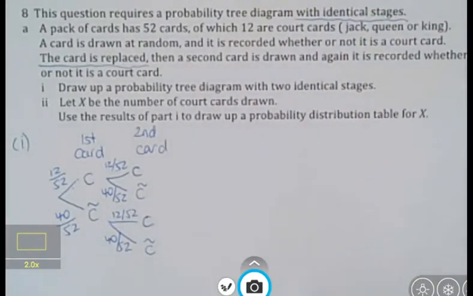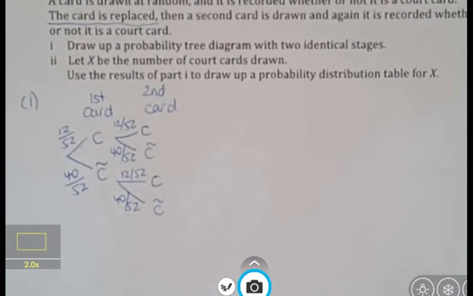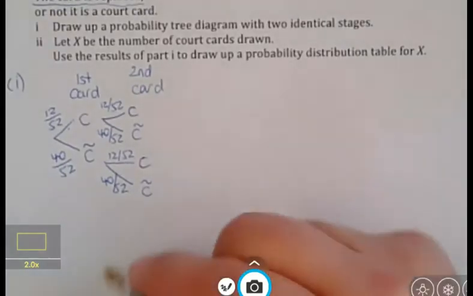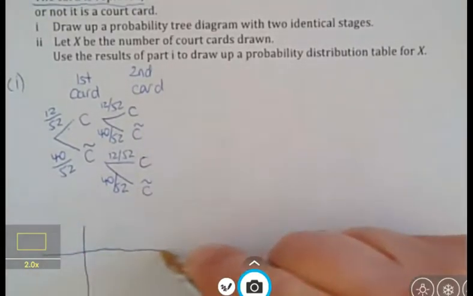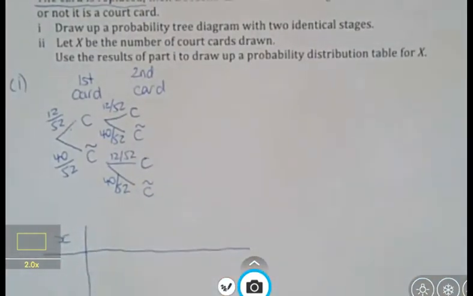Now, it says, let X be the number of court cards drawn. Use the results from your probability tree to draw up a probability distribution table. Now, okay, we have to define what could happen.